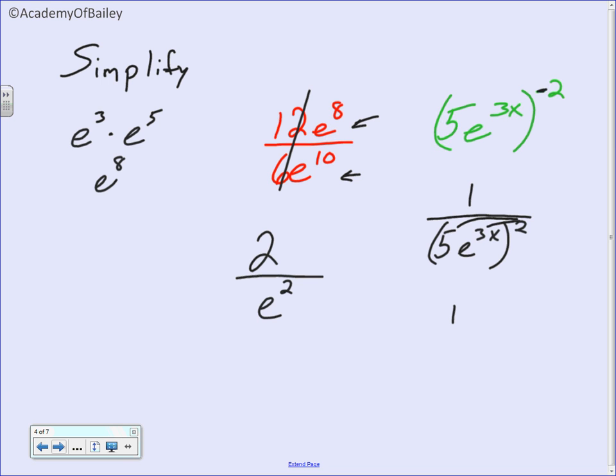So that means we're going to have 1 over 5 squared, which is 25. And then whenever we have a power raised to a power, instead of adding like we did here, we are going to multiply. So 3x times 2 is going to be 6x. So this is the simplified version of that. And so it's just simplifying right there.